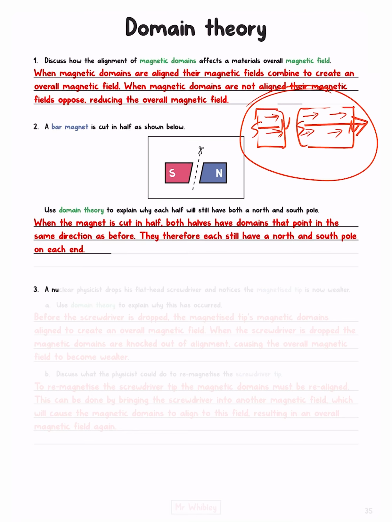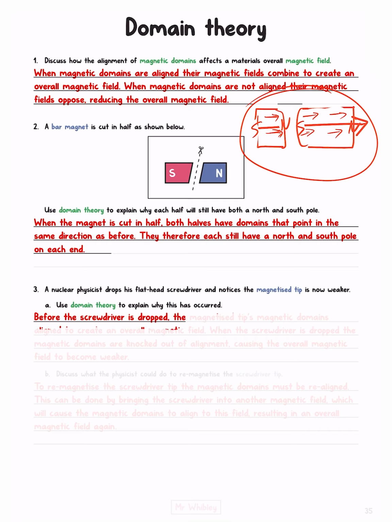Question 3. A nuclear physicist drops his flathead screwdriver and notices the magnetized tip is now weaker. Use domain theory to explain why this has occurred. Before the screwdriver is dropped, the magnetized tip's magnetic domains aligned to create an overall magnetic field.